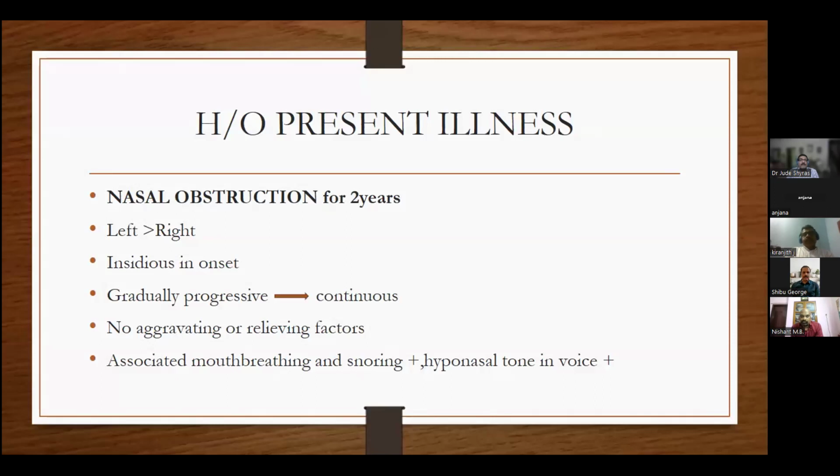What is the most common cause of nasal obstruction? Actually, we are going to basics. We need to know basics especially when you are appearing for examinations, rather than going for high-fi things. That's why I'm asking you this. What's the most common cause of obstruction?